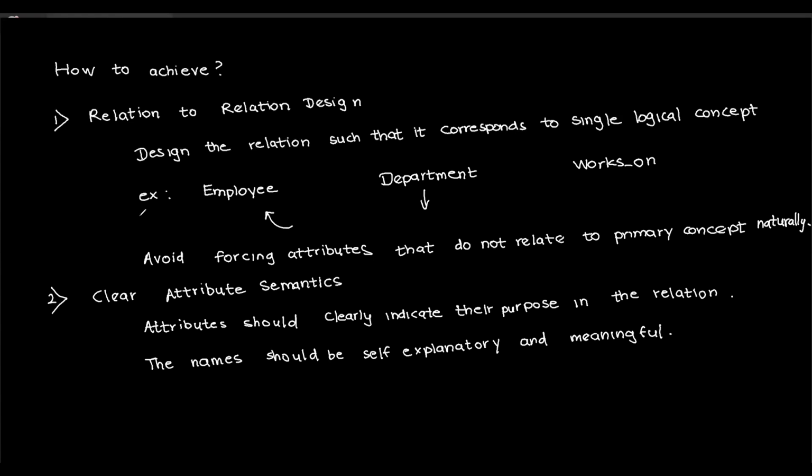And the third and last method is actually related to attributes only. We shouldn't mix attributes of different entities. The first one also repeats here. So avoid mixing attributes of different entities in a relation.